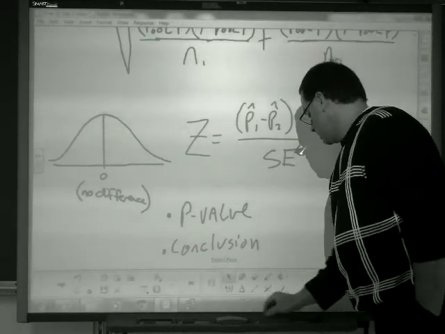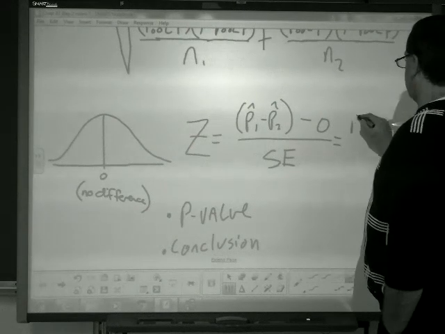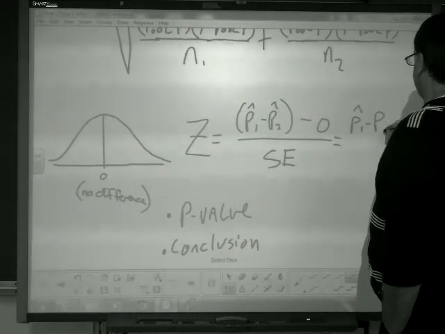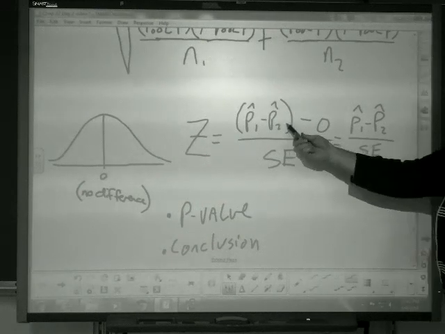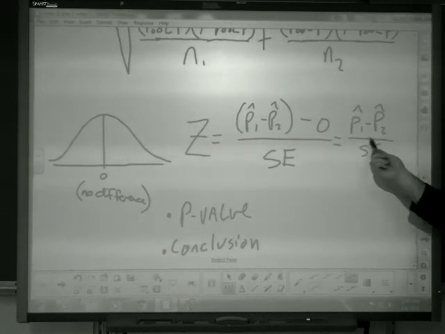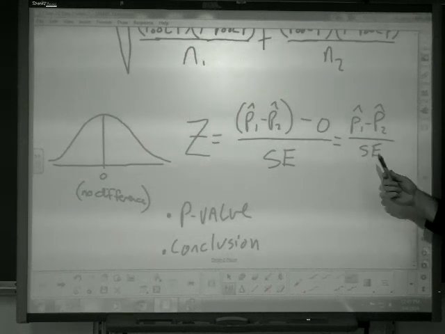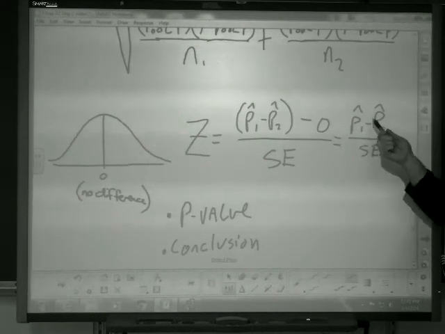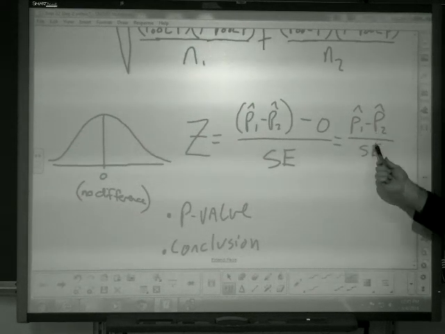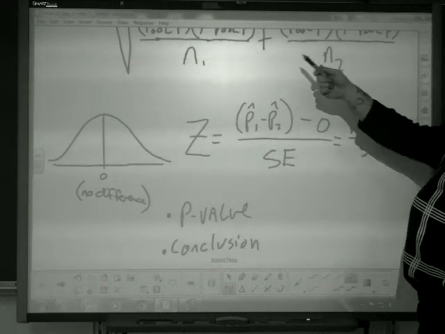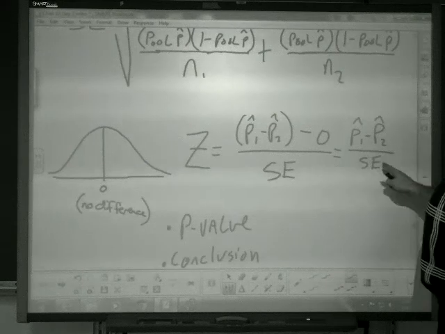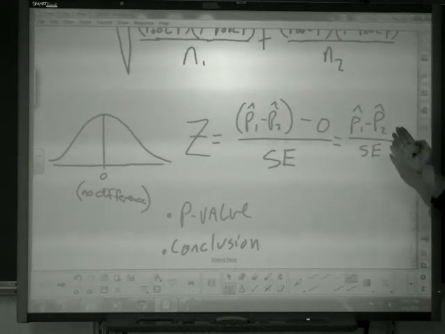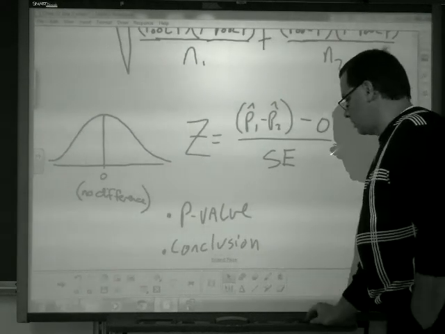So that turns into P1 hat minus P2 hat over standard error. Because really anything minus 0 is itself. So your difference divided by the standard error. Plug in the numbers. Plug in SE. I would write this out separately somewhere, then just write SE right here. And go to your calculator and you'll get an answer.